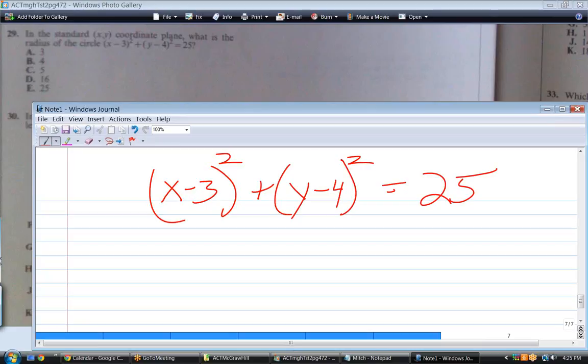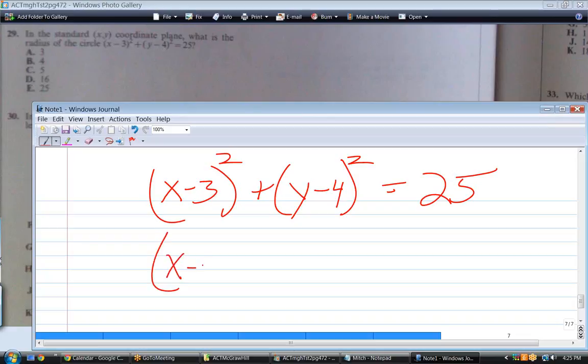What's its radius? What's its center? Negative 3, no, positive 3, positive 4. Okay? So we know the equation.